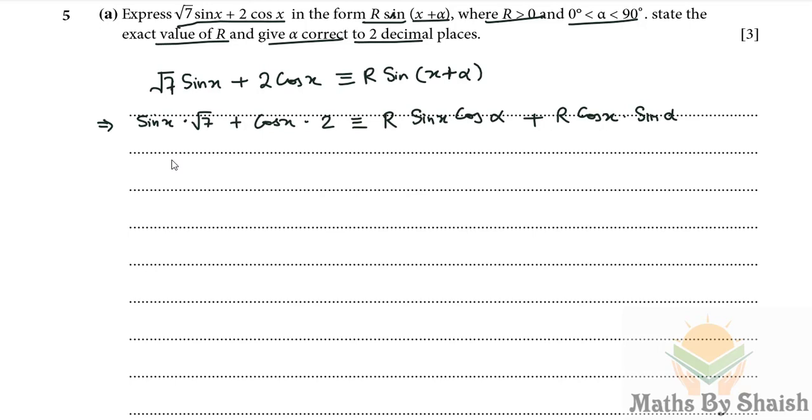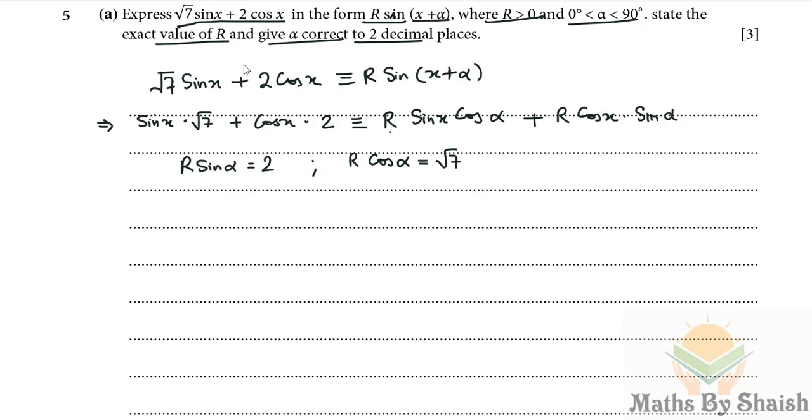Otherwise, if you are very good with this, we can directly say, but that's fine: r sine alpha is 2, and by comparing the term with sine x, r cos alpha is root 7.